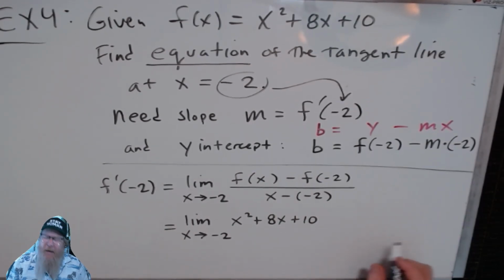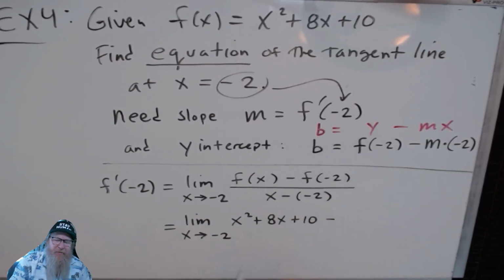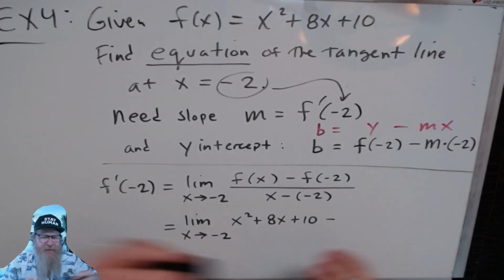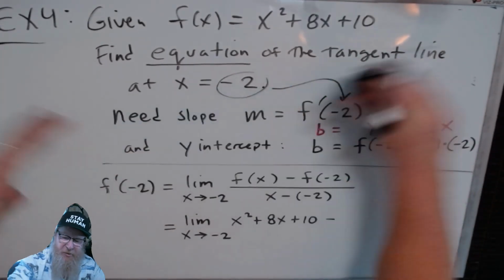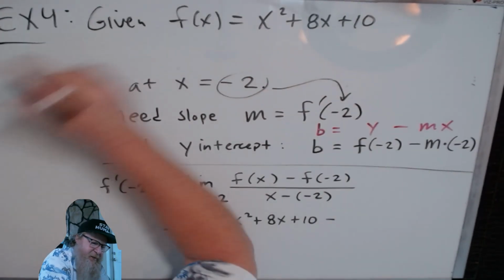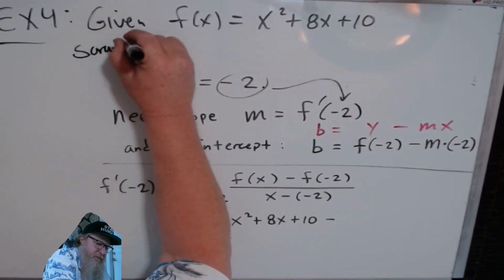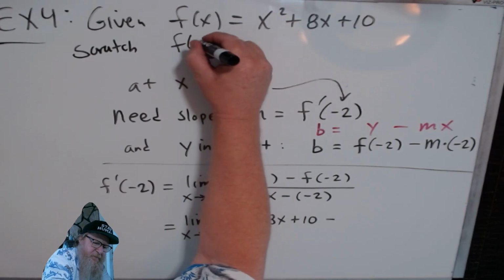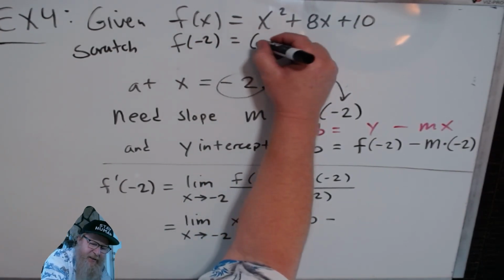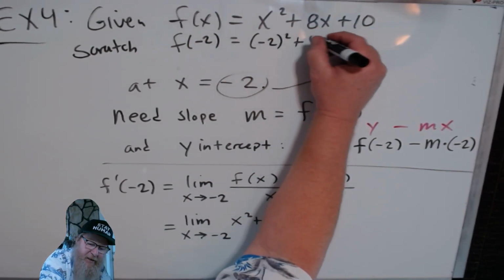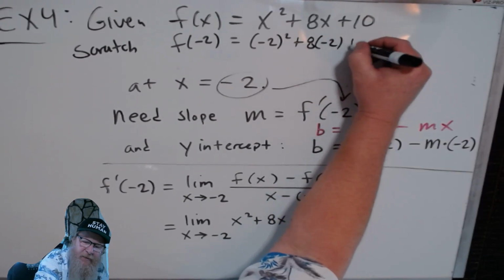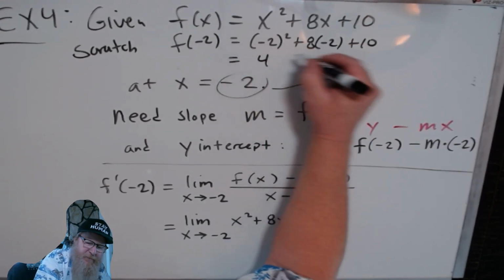I do need to know what f of negative 2 is, so I could do a little bit of scratch up here. It's not a bad idea just to get the scratch work done ahead of time.